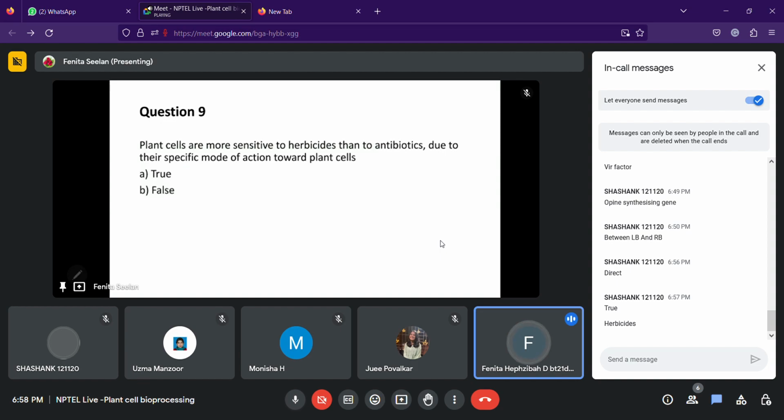But there are both ways. People keep antibiotics like hygromycin, ampicillin, etc. and herbicides also. Unless it is not causing death of your cells, you can keep any among these. Okay.